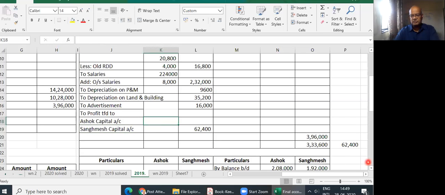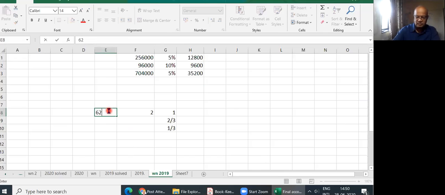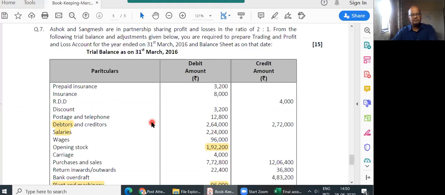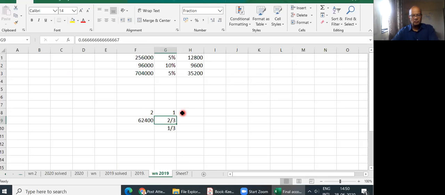Now, how will this be distributed? 62,400. What is the ratio? It is given 2:1. So 2 plus 1, 3.